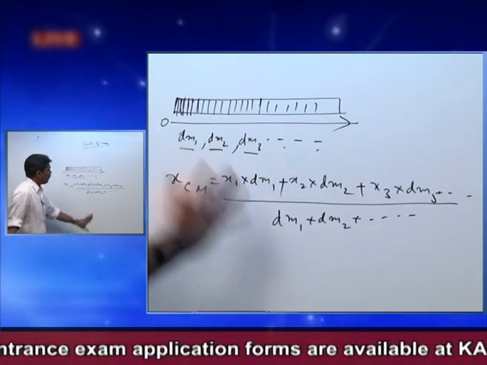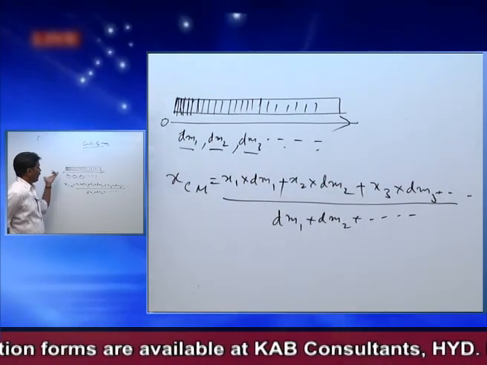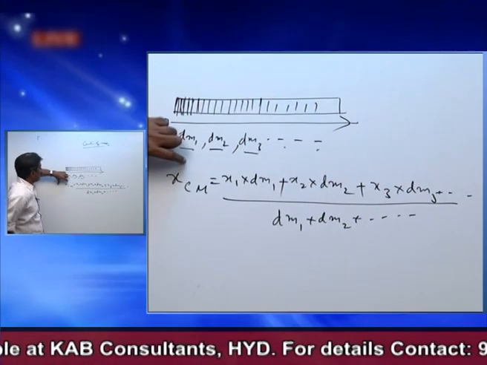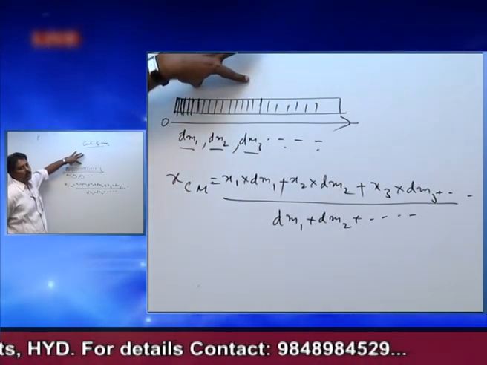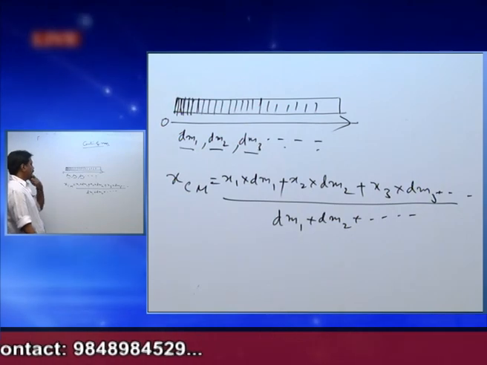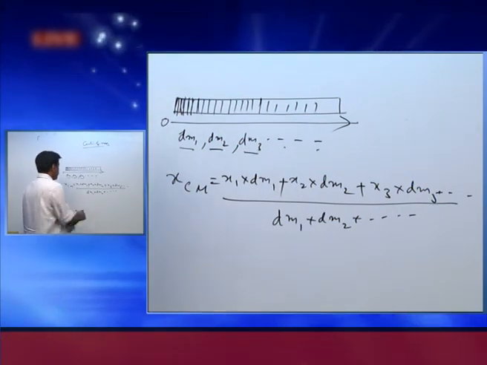So we used the same formula which we derived previously to find the center of mass of an extended object, a continuous object also. Now how to proceed further here?